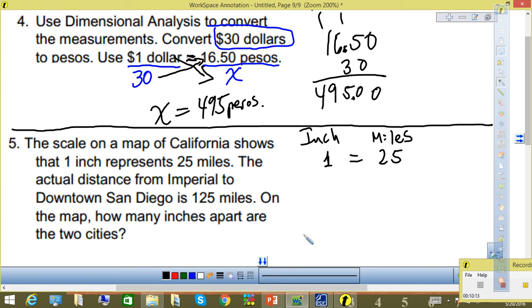Do you see how we can make our proportion here already? Yeah, you put a fraction bar here. And then it says, the actual distance from the Imperial to downtown San Diego is 125 miles. So what is the given information? 125 miles. Which side does it go? On the inch side or on the mile side? Mile, so you write 125. Therefore, what goes here? X.